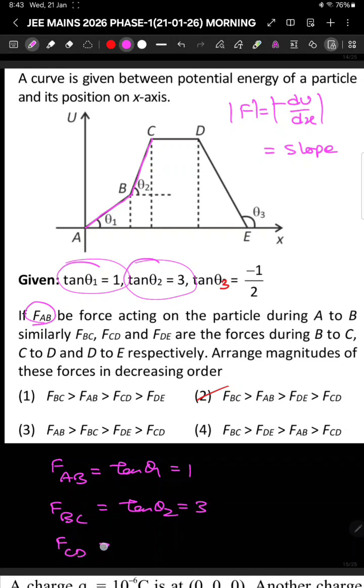The force acting on CD: it is a line parallel to the x-axis, so the slope will be 0. The force acting on DE is tan theta 3, and its magnitude only you have to take, which is 1 by 2. You are asked for descending order, you can apply that.